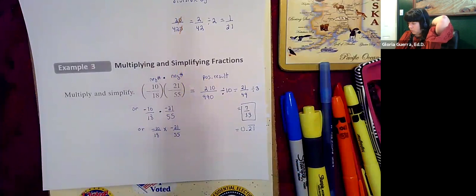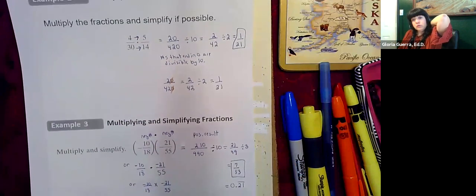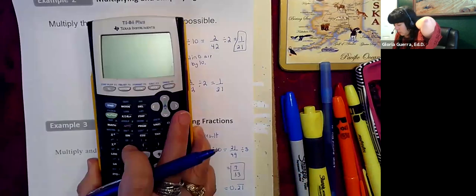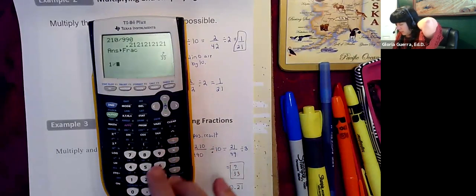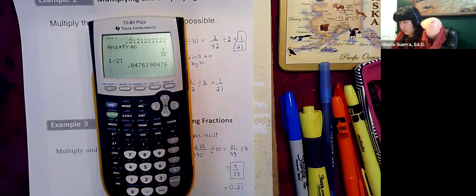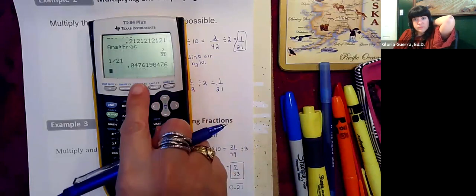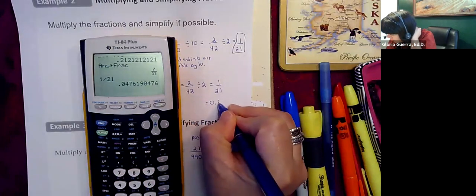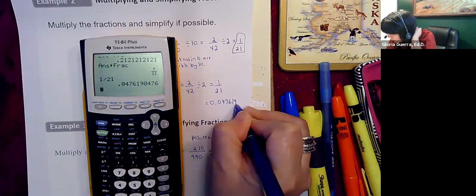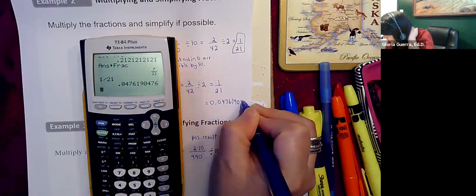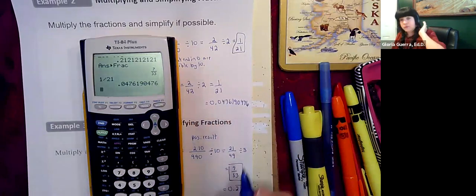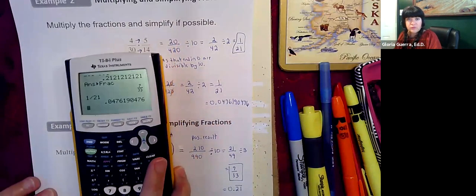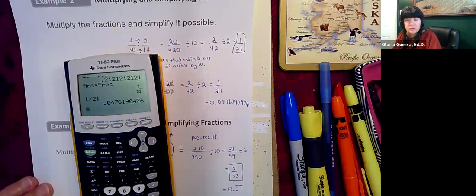Now we're going to divide fractions. I think for this one too I'll put the decimal equivalency, since I did that for the bottom one. 1 divided by 21. Oh, it's super long. Look how long that is. I don't think Connect Math will allow decimals. They usually allow decimals if the problem starts off with decimals, but this problem starts off with fractions, so I don't think they'll ask you to make it a decimal.